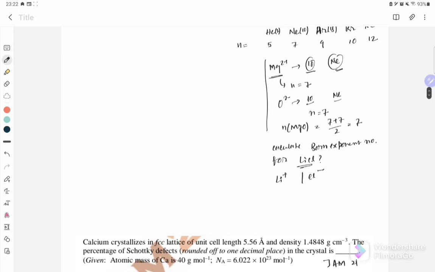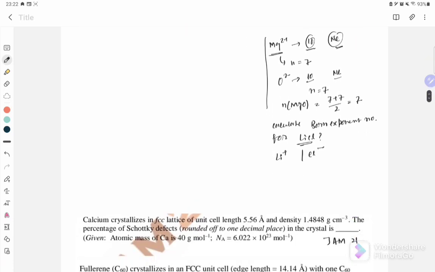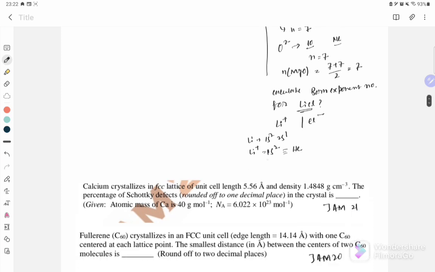Li+ resembles He, because Li is 1s2 2s1, so Li+ is 1s2, which resembles He. So for Li+, n will be 5.